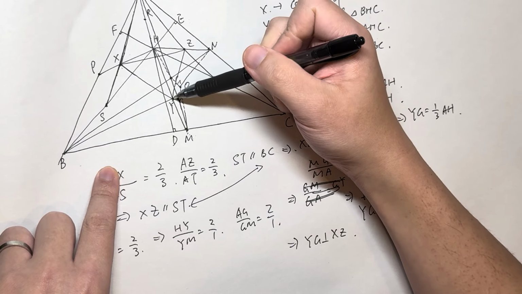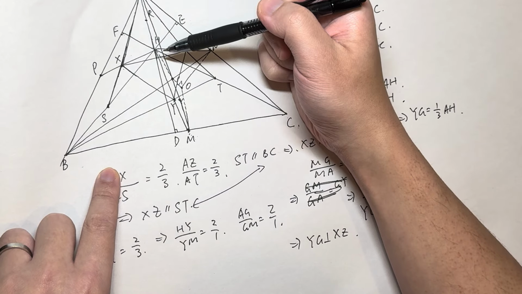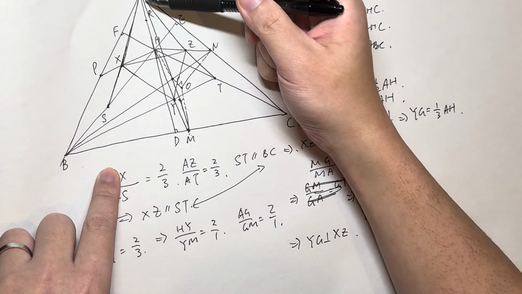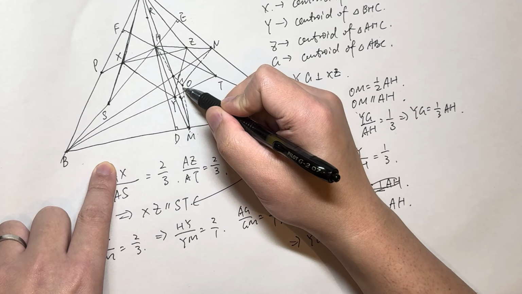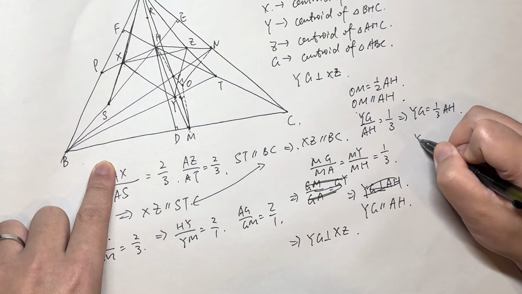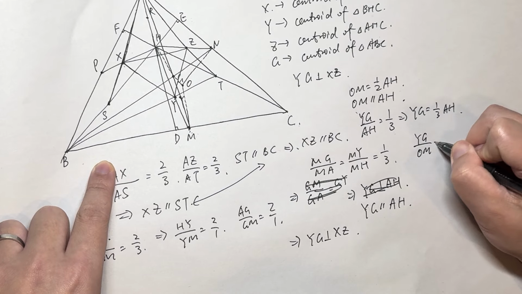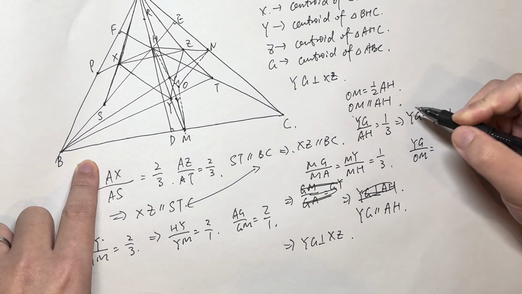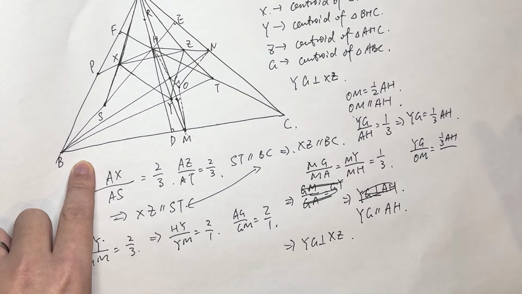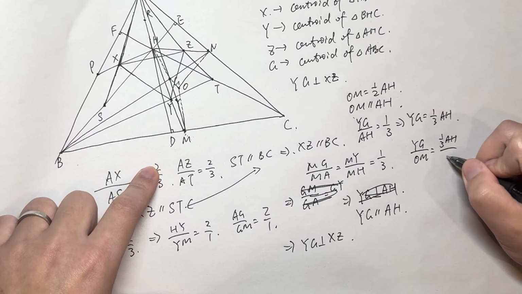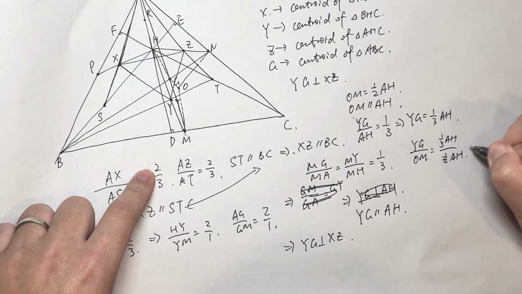Right? YG is 1/3 of AH. Now, if we look at YG to OM, it equals 1/3 of AH to half of AH, which equals 2/3.